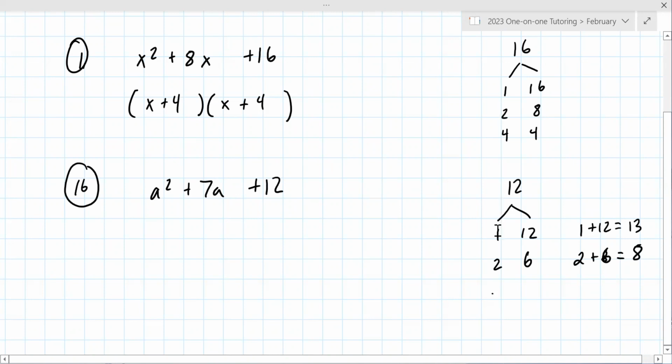So, 4. So you go up, you increment by 1 each time. You know, 1 to 2, then to 3, and so on. What is 3 plus 4? 7. Good. So the answer here is a plus 3, a plus 4.